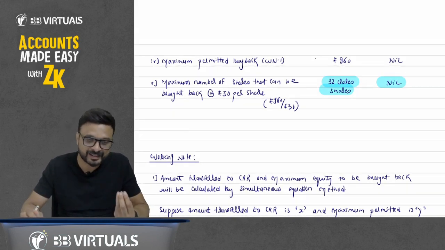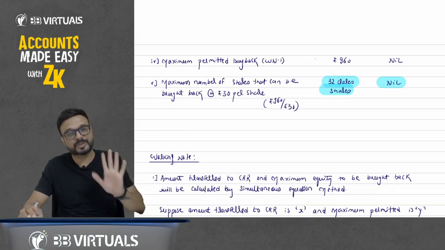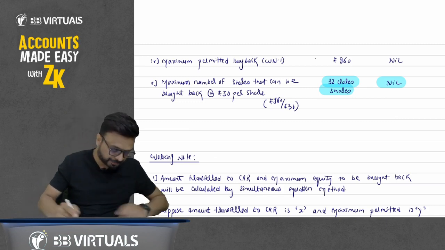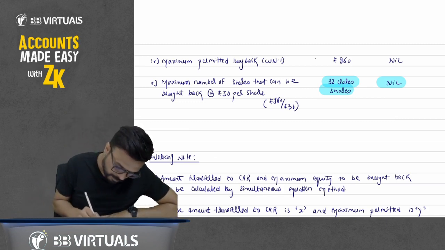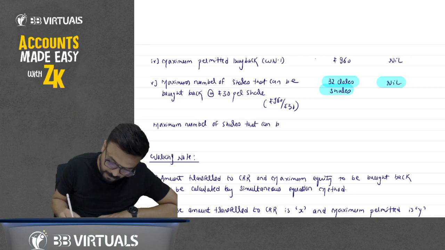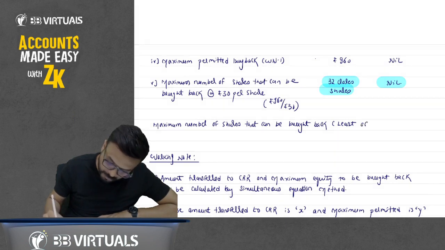So we cannot do a buyback under situation 2. The good news is that we have to pass the journal entry for situation 1 only. So write down here: maximum number of shares that can be bought back, least of the above.